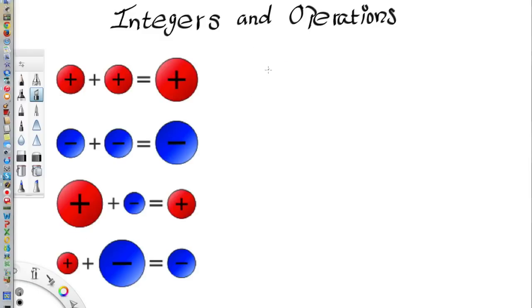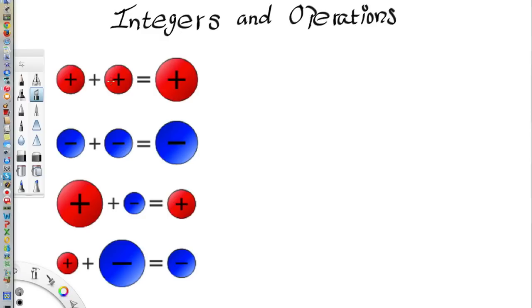Let's take a look at some sample problems, and I'm going to model a few things for you. Boys and girls, let's take a moment to look at this graphic. I found this graphic to be very interesting. It uses color and size to represent positive and negative integers, and when we add them together, what happens? Red represents our positive numbers, and blue represents our negative integers.